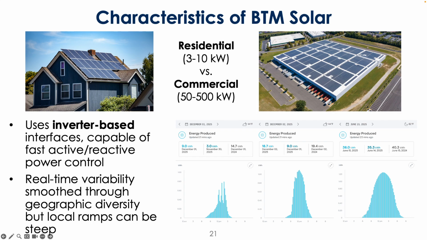And then again, pretty big difference temporally by seasons as well, right? So here, this is on June 15th, where I produced 38 kilowatt hours of electricity from my solar panel. So this speaks a little bit to some of that local variability and temporal variability that we see in these systems.